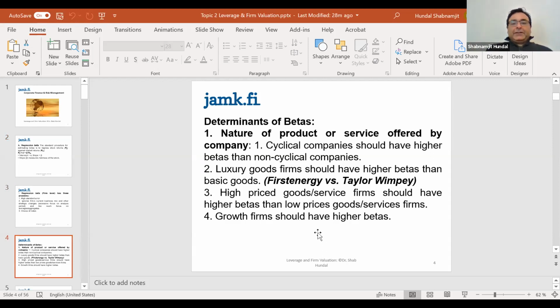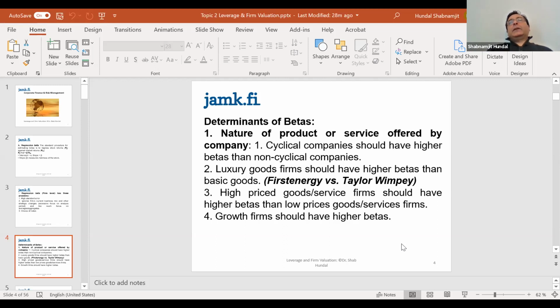What are the factors which determine beta? The first factor which comes to my mind is the nature of the product or services offered by the company. Cyclical companies whose cash flow is not stable but fluctuating from season to season, they have a big impact.